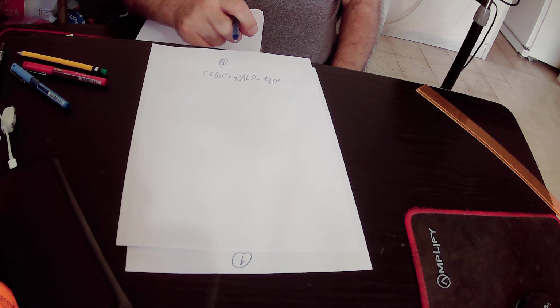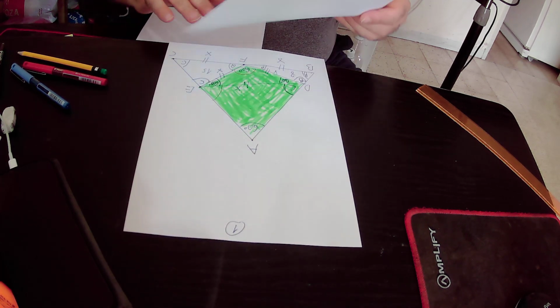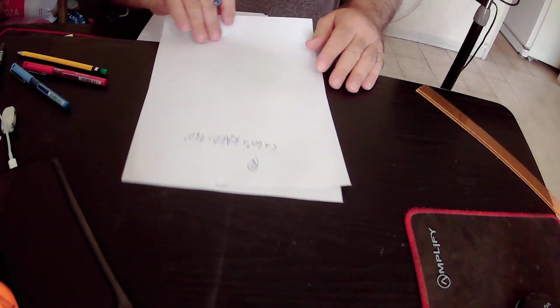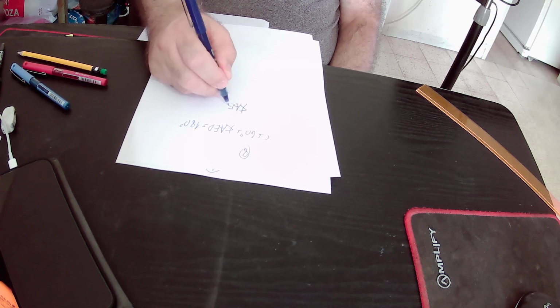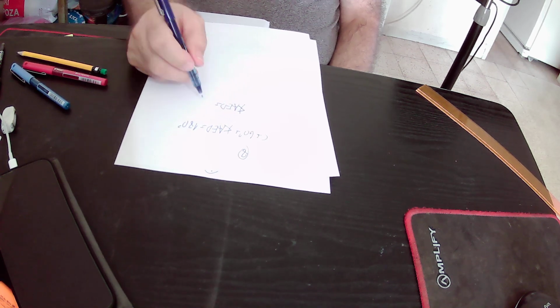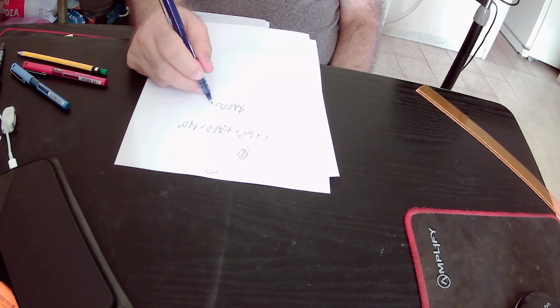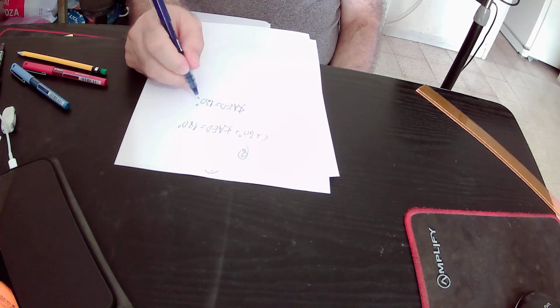So we will subtract 60 degrees and C from this equality, and we will get that angle AED equals 180 degrees minus 60 degrees, which is 120 degrees, minus C.